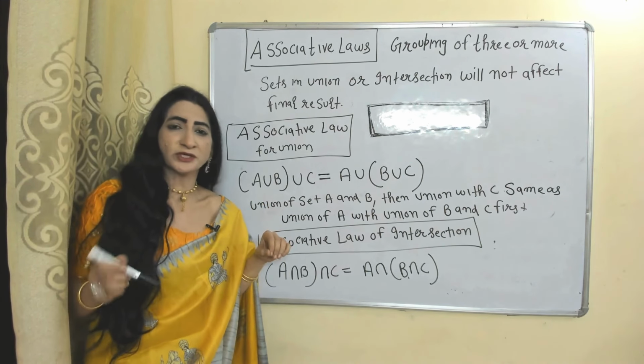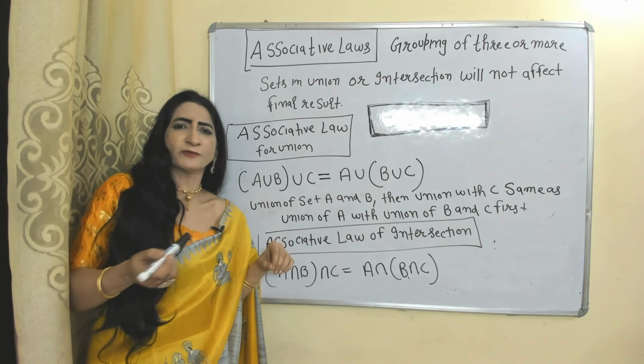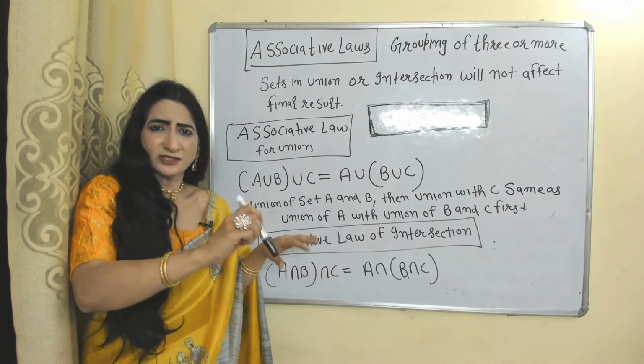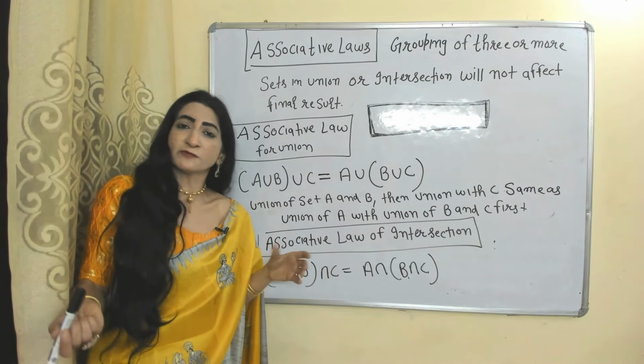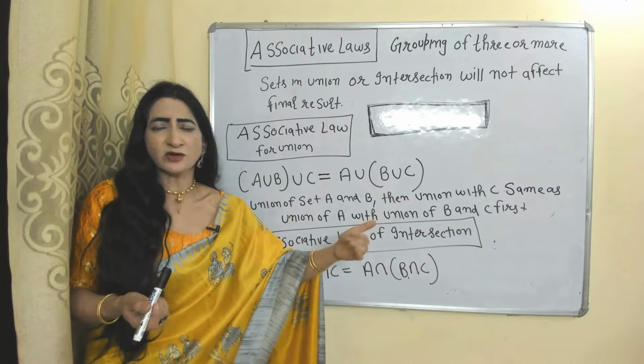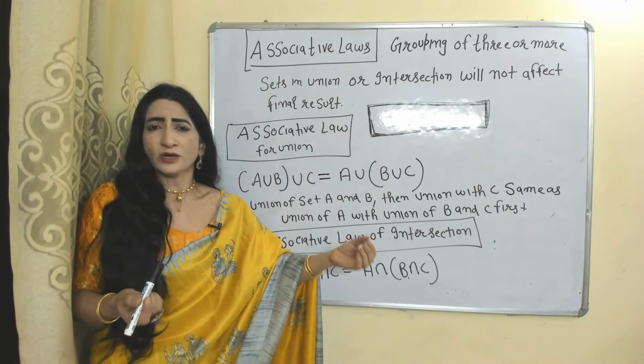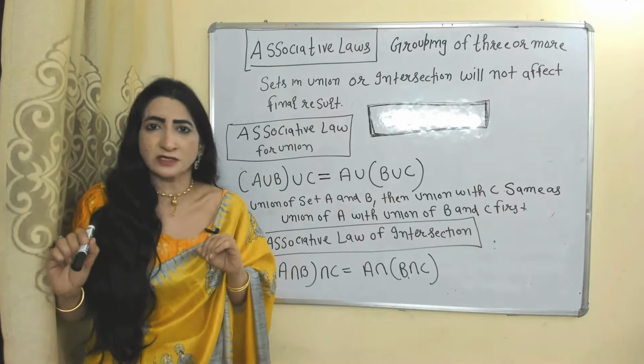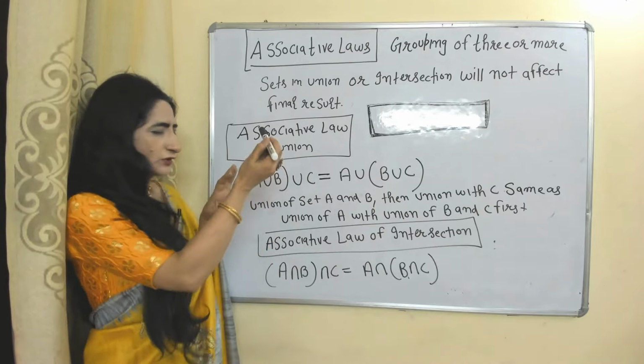Associative laws. According to associative laws, the grouping of 3 or more set in union or intersection will not affect final result. Associative law for union.